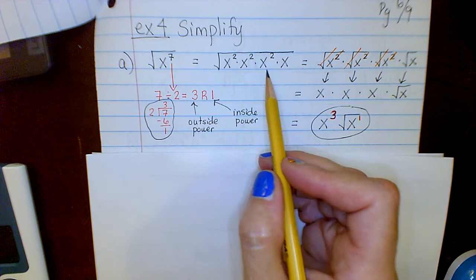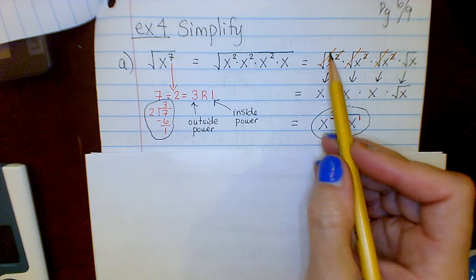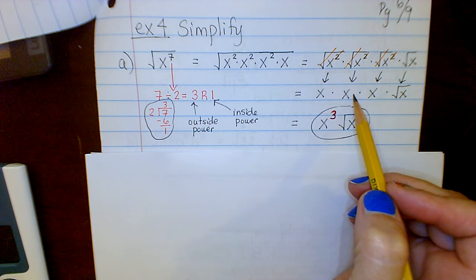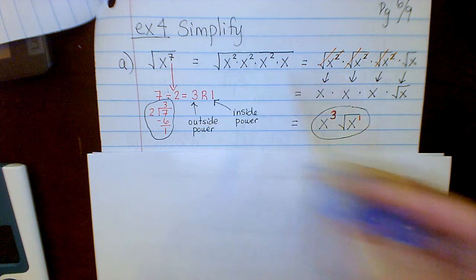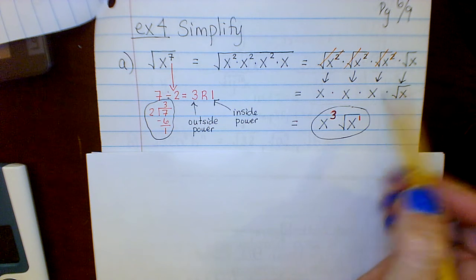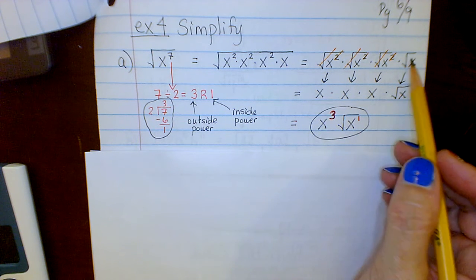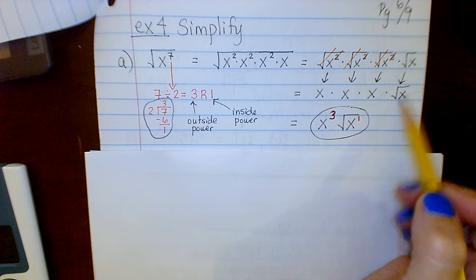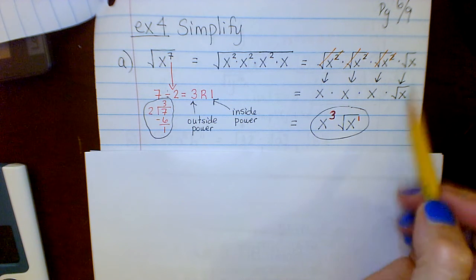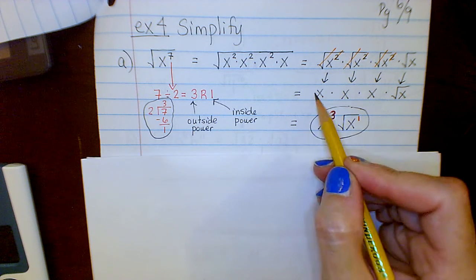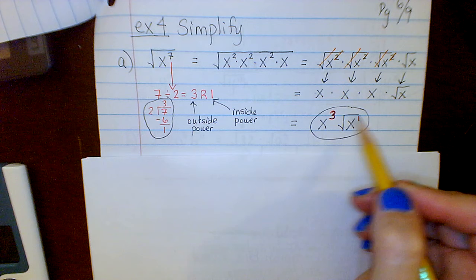I picked these x squares because I know that the square root of x squared, those undo each other really nicely. So in doing that, I get that 3 of these x squares get undone. But then I've got one little square root of x here that doesn't have a squared, so that square root of x is just going to stick around. So I get x cubed, and then I get this square root of x.